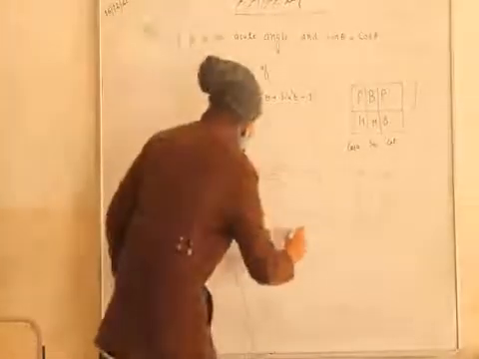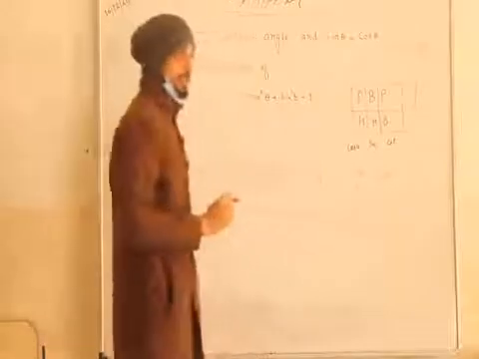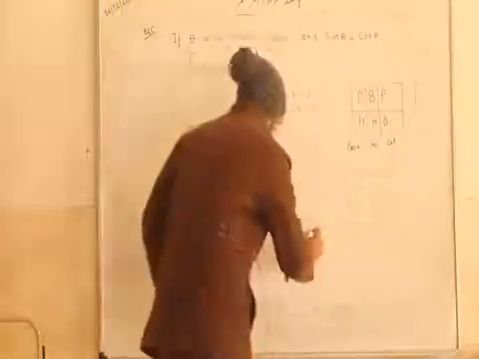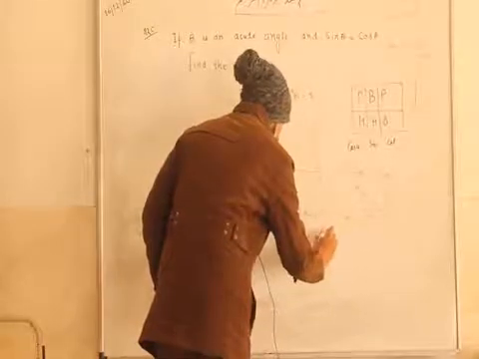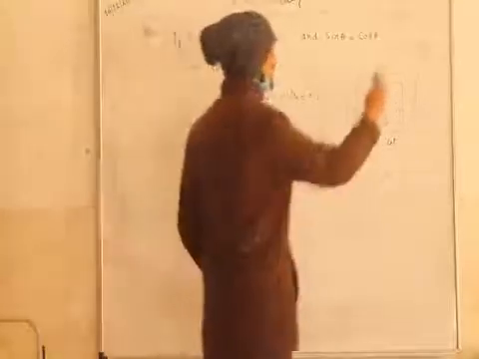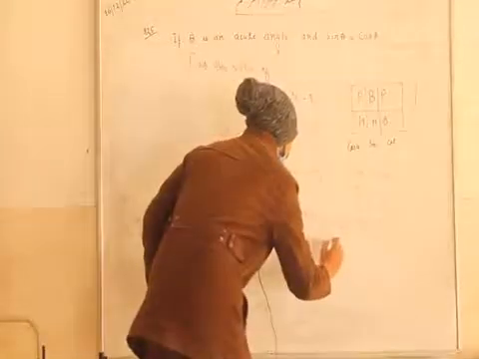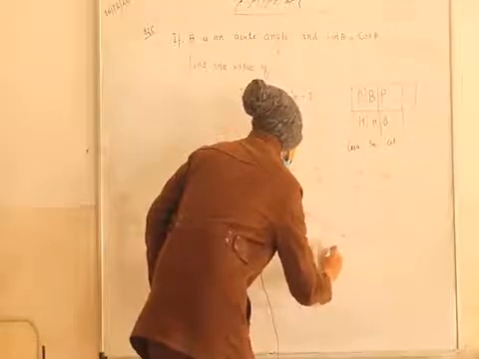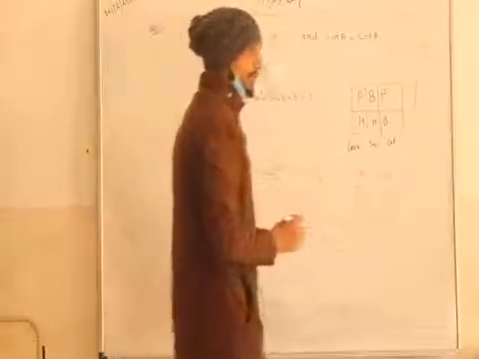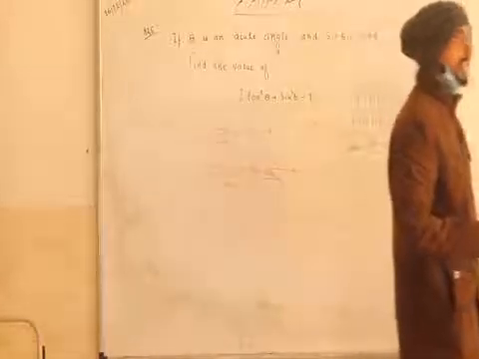So according to that, 2 into tan 45. What is the value of tan 45? 1. Right? So 1 square plus, what is the value of sin 45 from this? P by H, 1 by root 2. So we can write 1 by root 2 whole square, then minus 1.